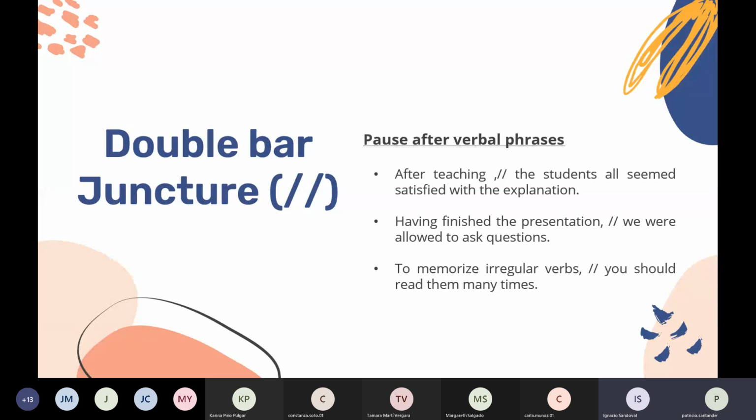Well done. Would you mind choosing another student, please? Maybe Pablo Núñez. Is Pablo Núñez here?